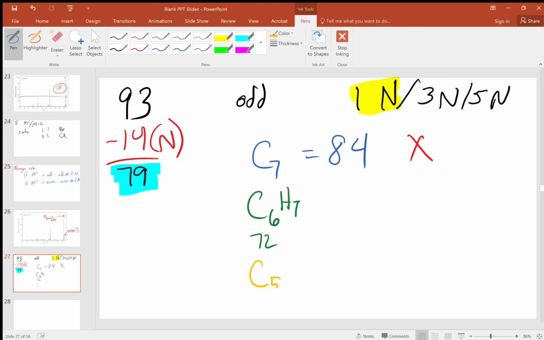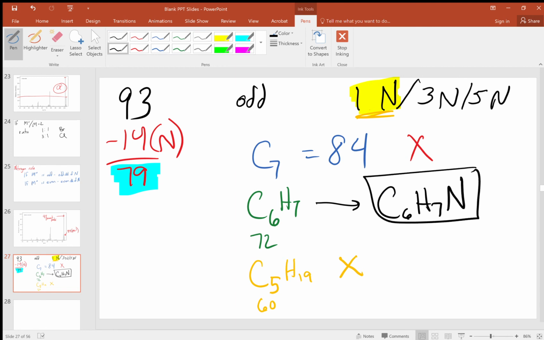And if we go down to 5 carbons, which is 60, then we would need 19 hydrogens. And it turns out, given the number of carbons in your molecule, there is a maximum number of hydrogens, and this has exceeded it. So under the assumptions I made here, that 1 nitrogen was more likely than 3 or 5, and also that the rest of the molecule was carbon and hydrogen, we've come up with the only possible chemical formula being C6H7N.